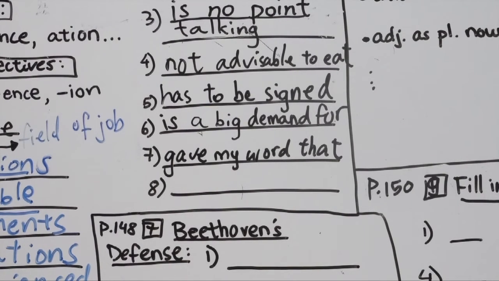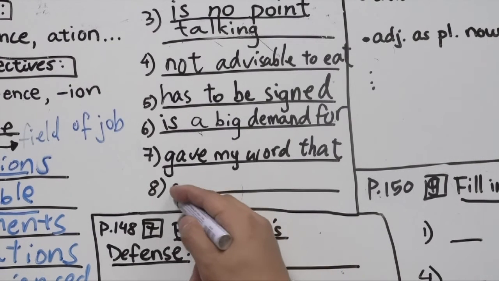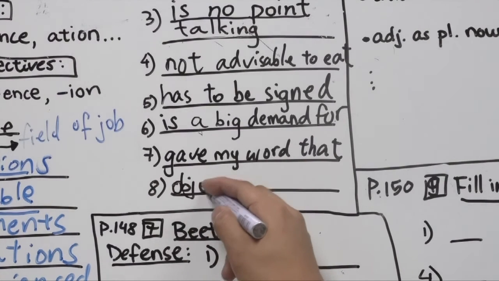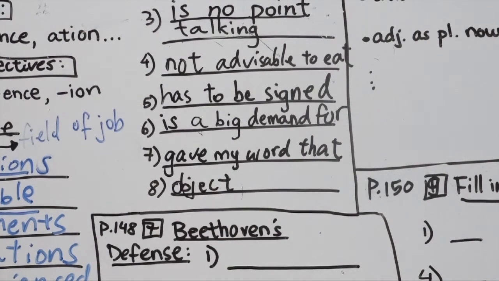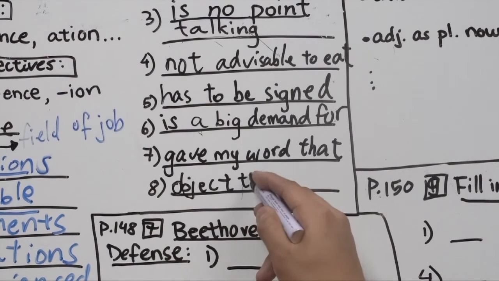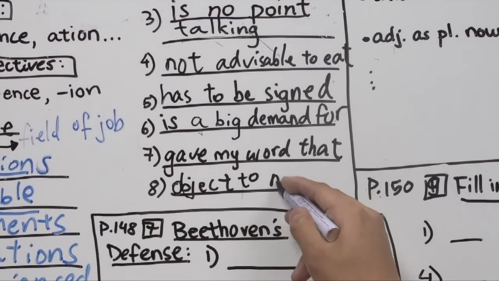So my parents, we have to use the word object. Outside in the cold weather. Object means disagree, right? So my parents disagree. Object to what? My parents don't want me to play. So let's think of the activity there. Object to, what is the activity?